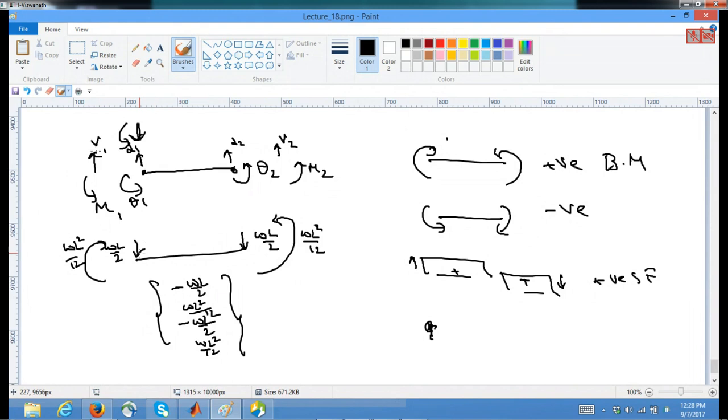Because of the consistent loading which I have invoked, my forces were WL by 2 in the downward direction, WL by 2 here, and the moment WL square by 12, anti-clockwise and clockwise at the two ends. WL by 2 is in opposite directions to each other. That's the reason I put minus WL by 2. Whereas the moment here is a positive bending moment, so I just consider it in that manner.